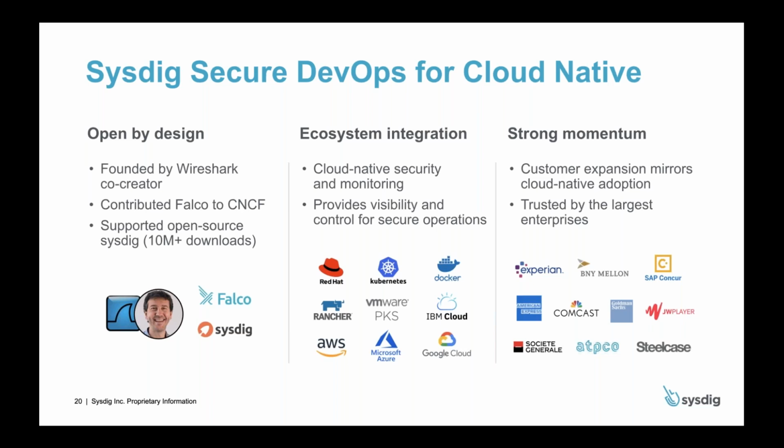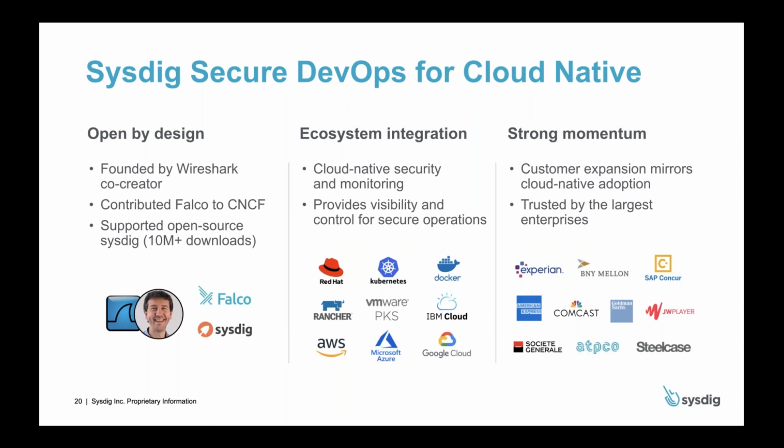In addition, Sysdig open source has also been widely adopted by the community for troubleshooting and digging into issues when they do occur. From an ecosystem standpoint, we play nicely with everybody. Teams call us the Switzerland in the space because we work and integrate tightly with the likes of Red Hat, Kubernetes, Rancher, and the cloud providers like AWS, IBM, and Azure.